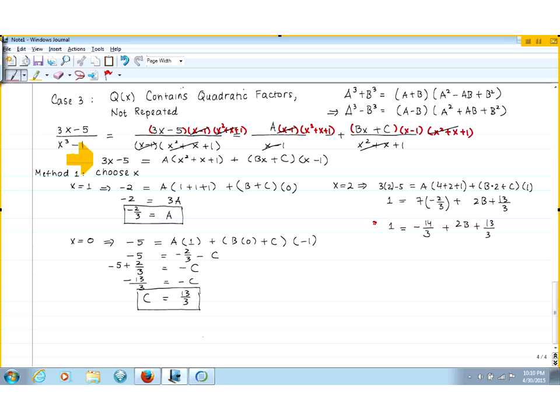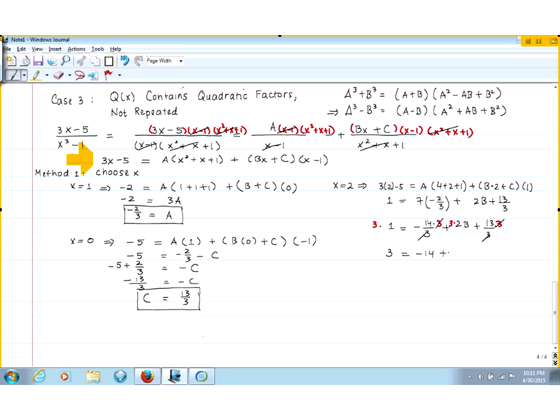Now, if we don't want to deal with fractions, we will just multiply each term by 3. Here the 3 cancels, here the 3 cancels.